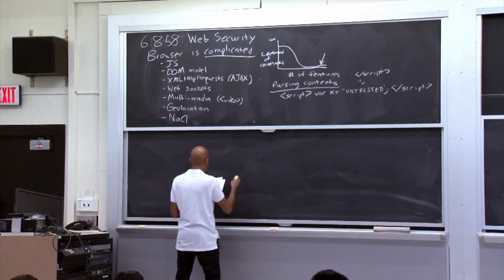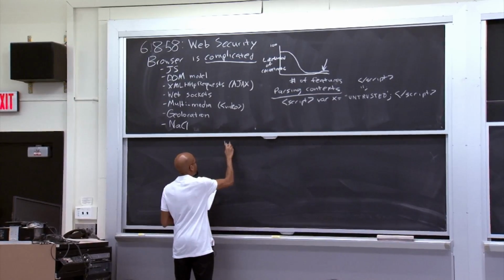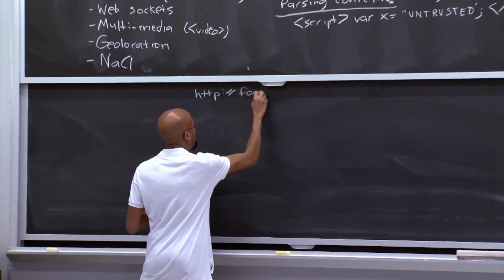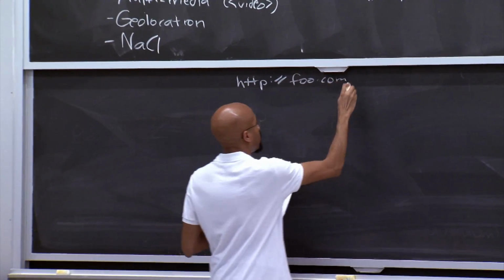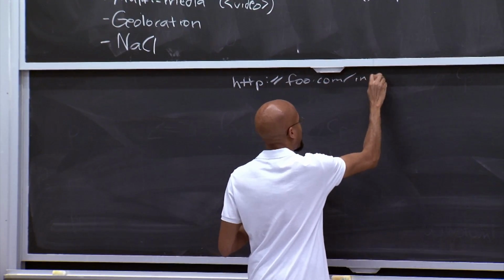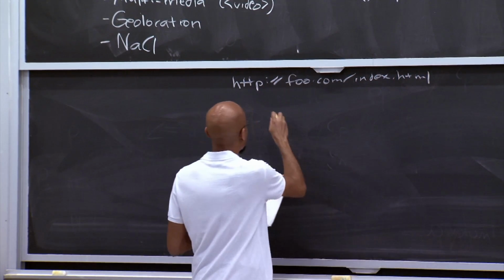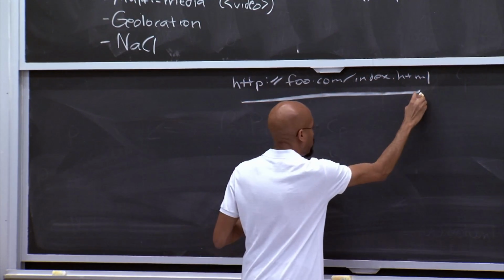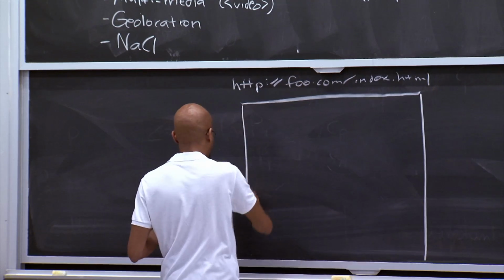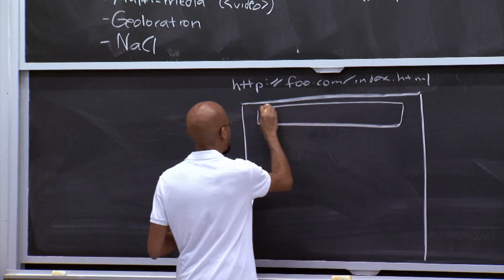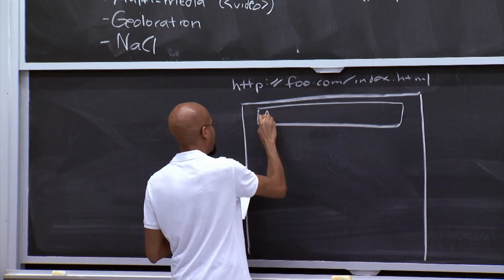So let's say that we were looking at the following site. So http foo.com, and we're just looking at index.html. So, you look at your browser tab, what might you see? So one thing that you might see is an advertisement.